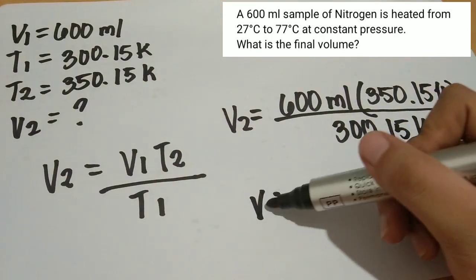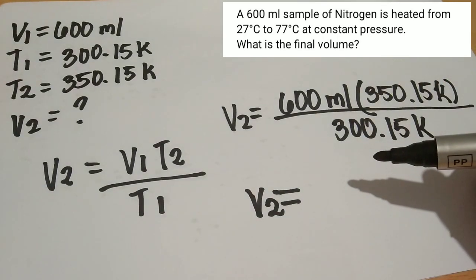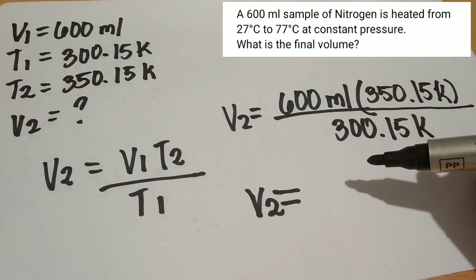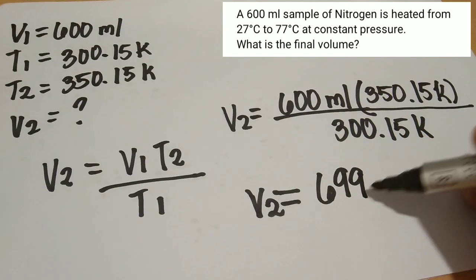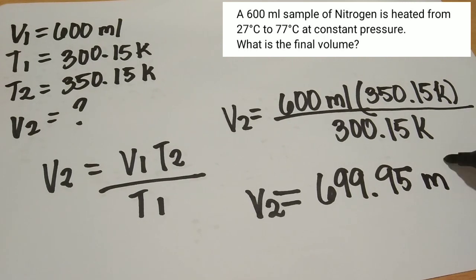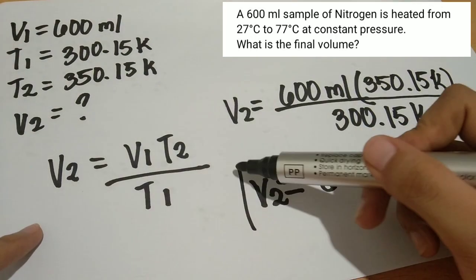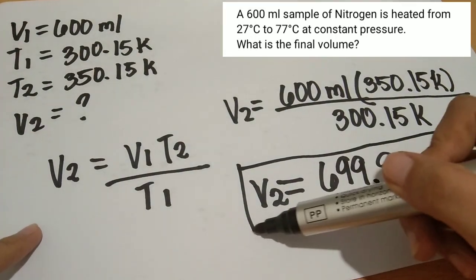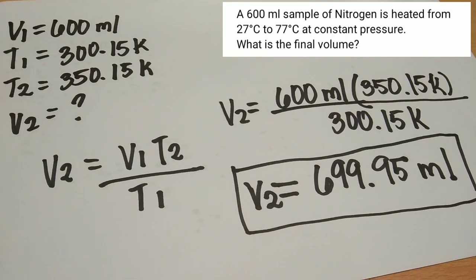So putting this up on calculator, computing for the final answer, we will get 699.95 ml of nitrogen gas. This is now the final volume. This is the final answer.